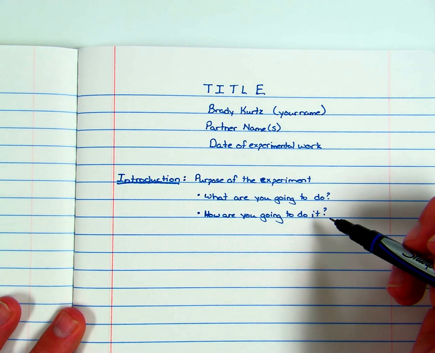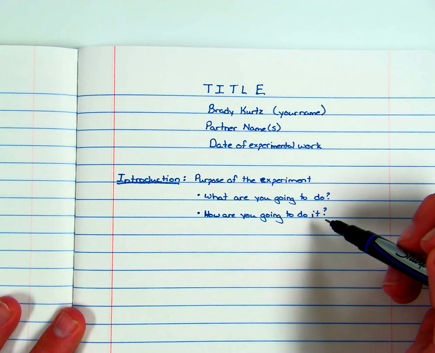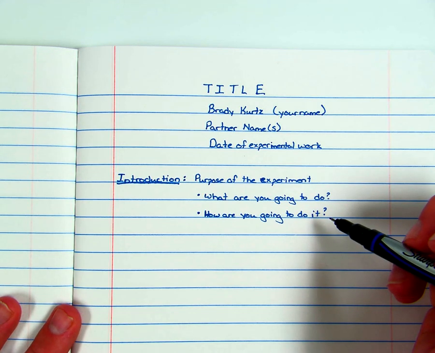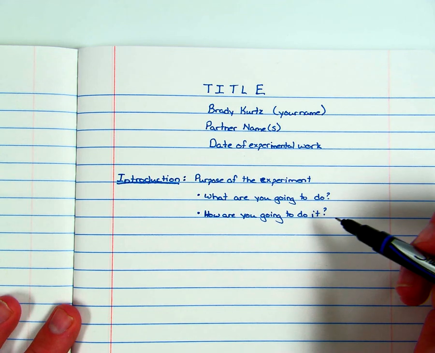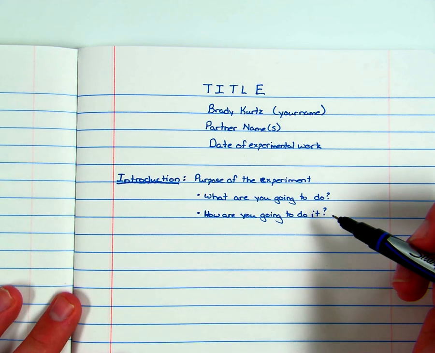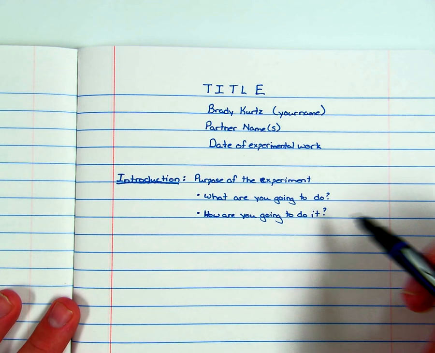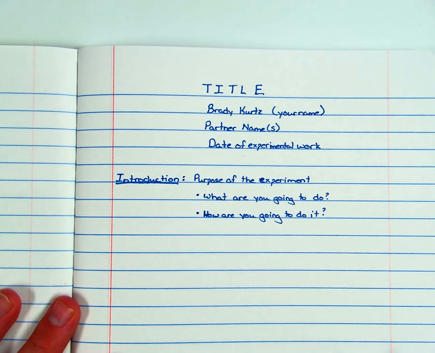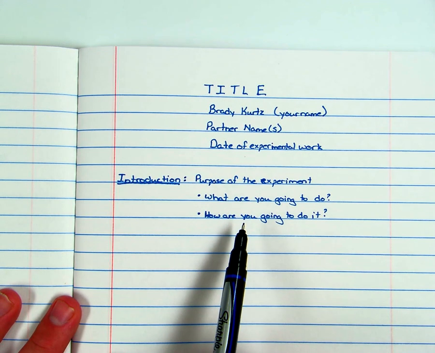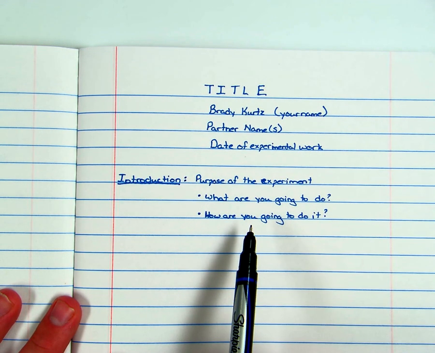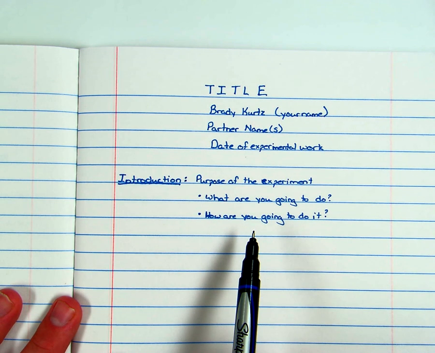It does not summarize everything. This is just a very brief glimpse as to what it is that's going to happen. So if I were flipping through a journal article, I could read your introduction and decide very quickly if it was of interest to me. And I can make that decision based on what you've written in the introduction.